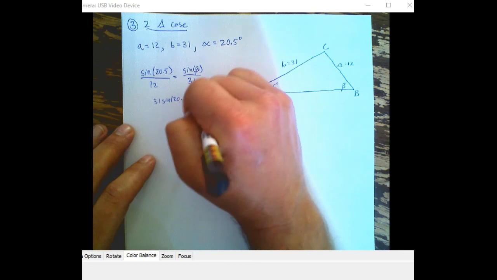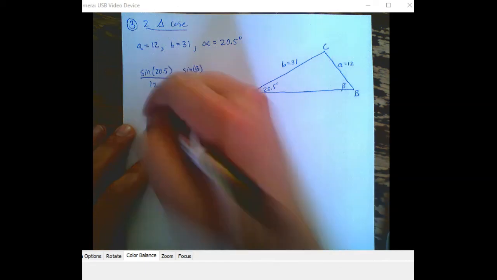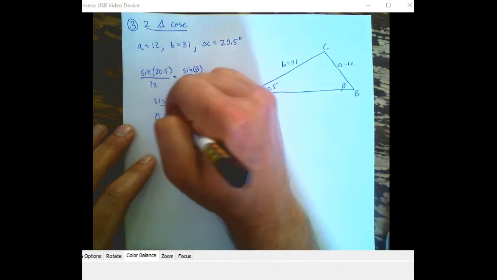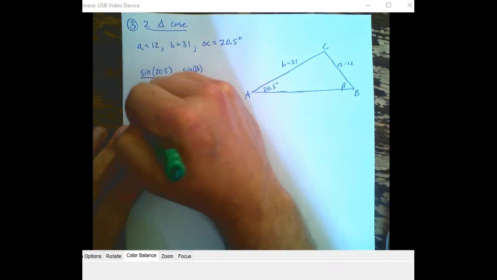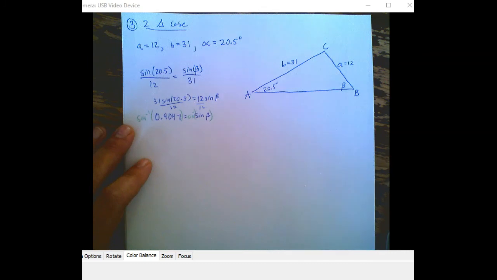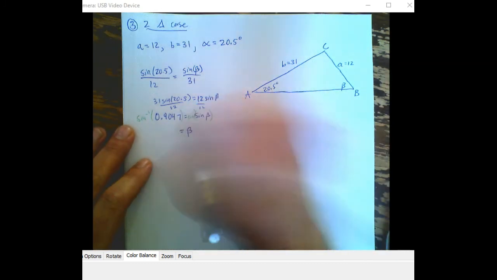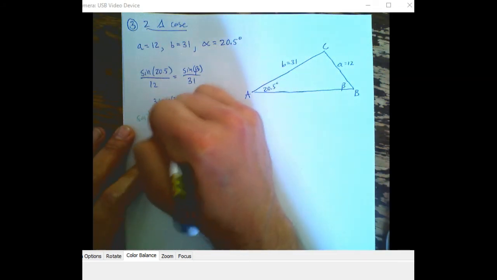So sine beta will equal 0.9047. Taking the sine inverse, beta is equal to 64.8 degrees.